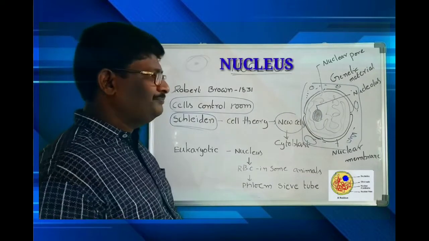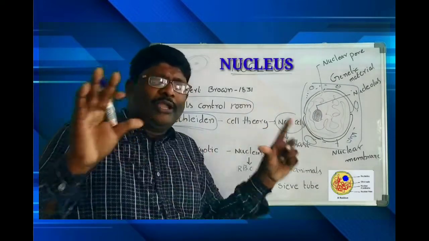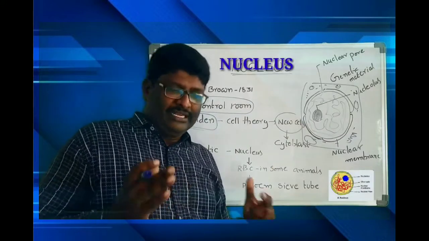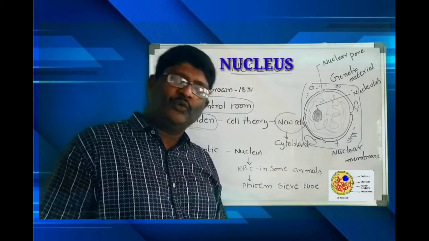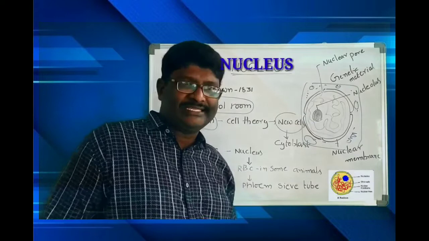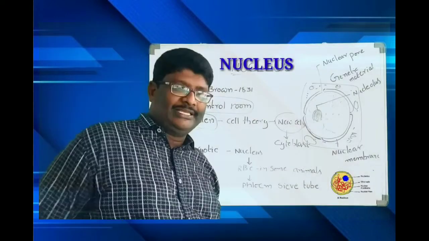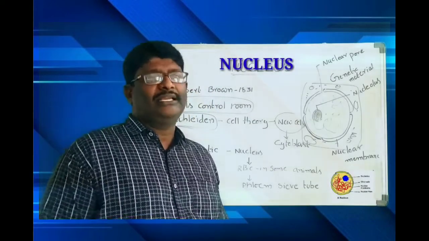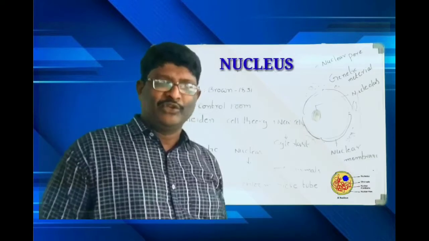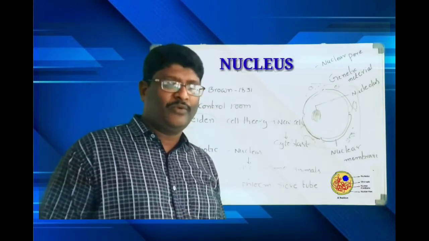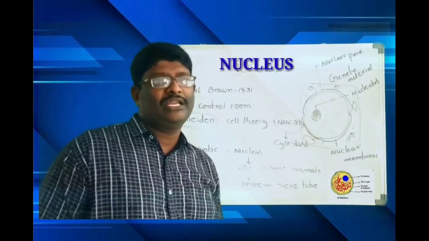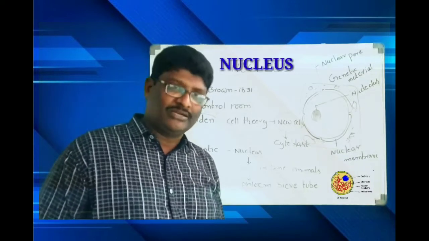Next, living organisms are of two types. What are they? Prokaryotes and eukaryotes. Prokaryotes do not have a nucleus in their body cells. Such living organisms are called prokaryotic organisms.